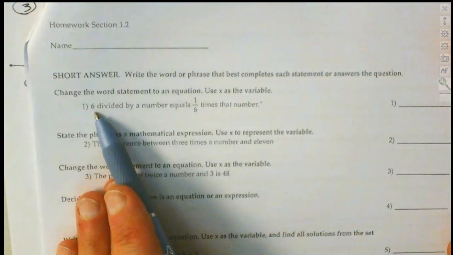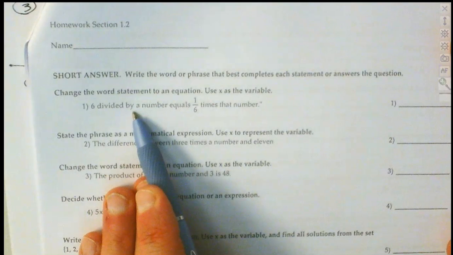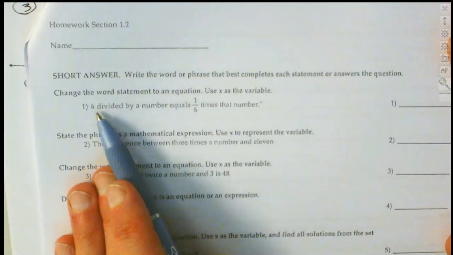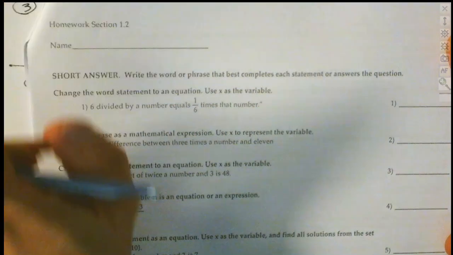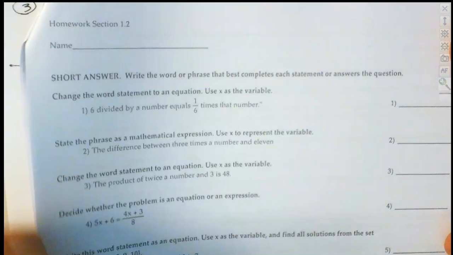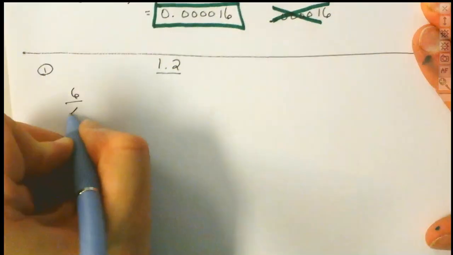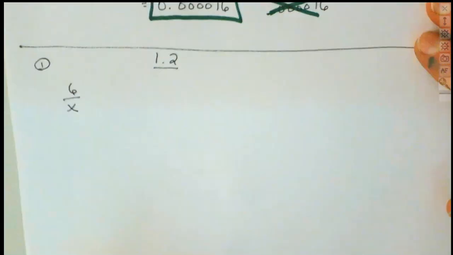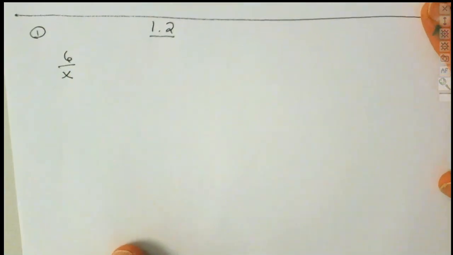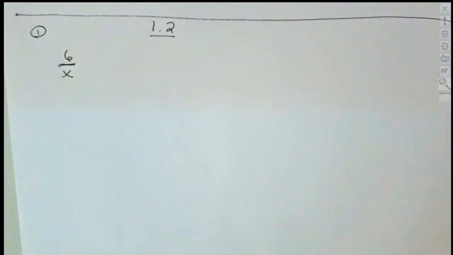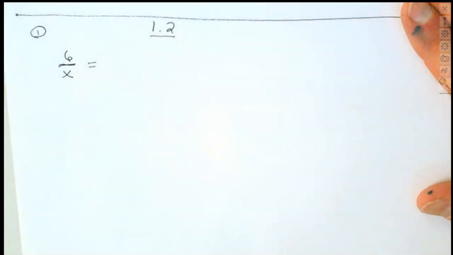So we've got 6 divided by a number equals 1/6 times that number. So 6 divided by a number. How do we write that out? 6 divided by a number would be 6 over x, right? You can use the division symbol, but normally I use a fraction bar. So that's 6 divided by the number, so that's 6 over x equals, so that's this piece here.